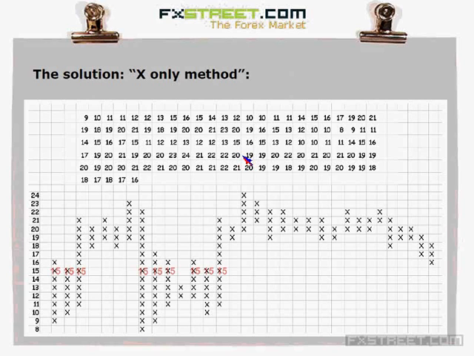Okay, but there are also the X-only method, where you have already a price column, and all the boxes are simply filled with an X. Yeah. The problem here really is that you don't really know which boxes are going up and going down. So still the method is not perfect at all.